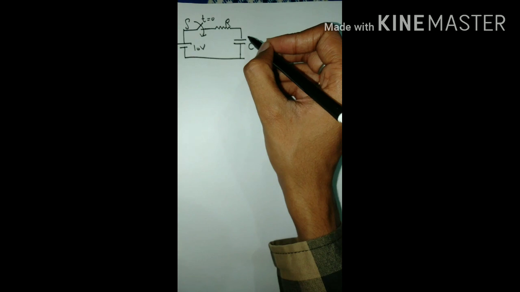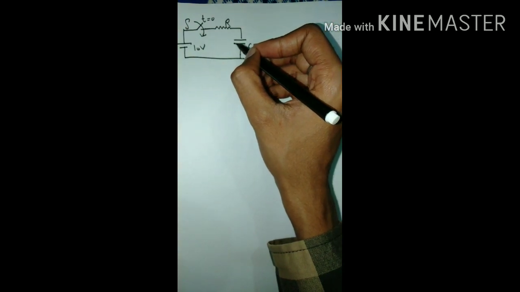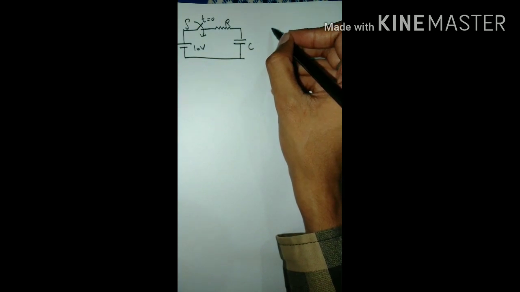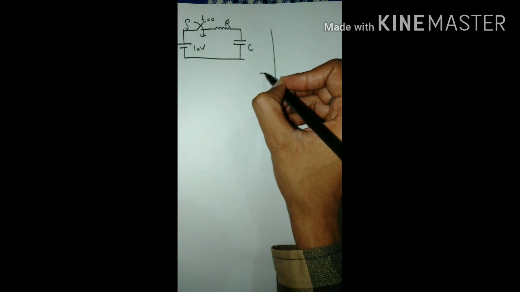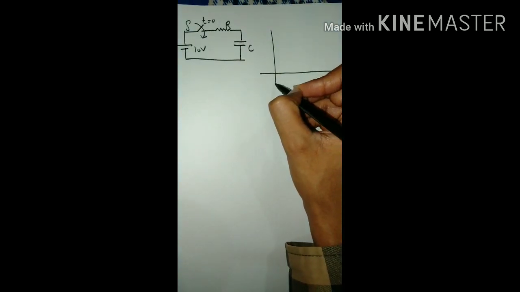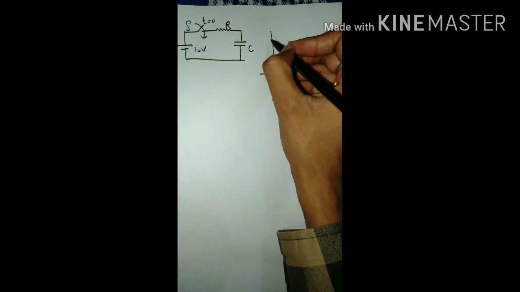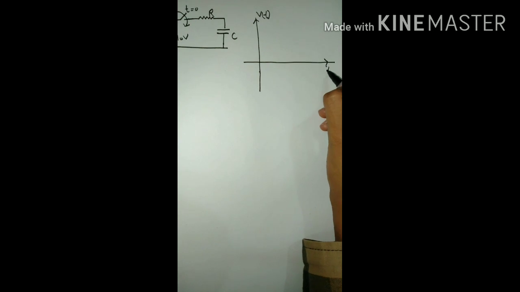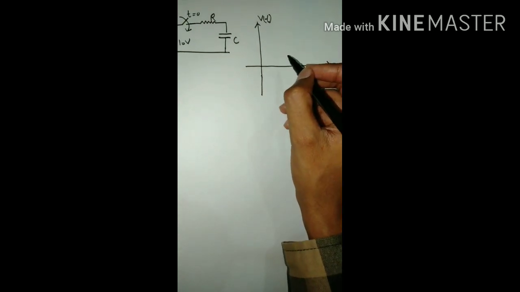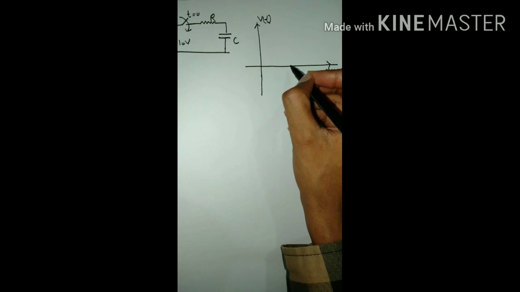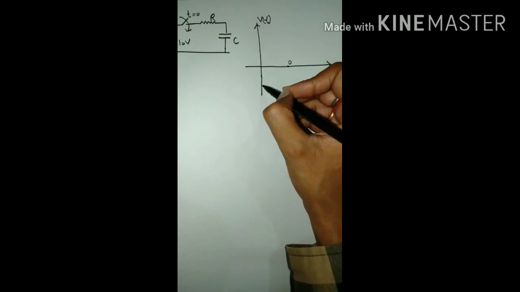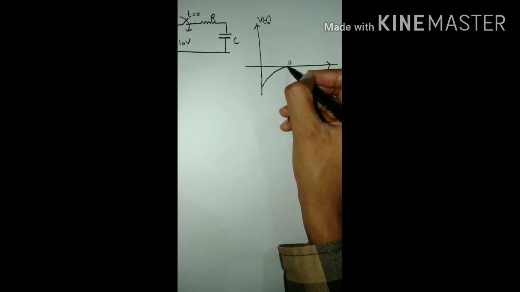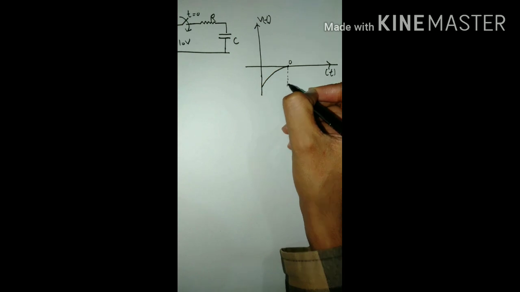So the interesting point to be noted here is that the capacitor voltage is found to cross 0 volt at t is equal to 0.4 tau, like this.